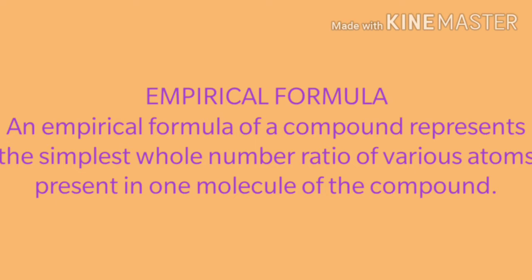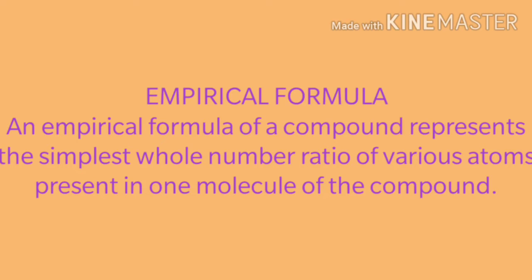An empirical formula of a compound represents the simple whole number ratio of various atoms present in one molecule of the compound. So this is a way to represent the simpler ratio of different atoms. Now we can take the example of C2H2, that is the formula for ethyne.